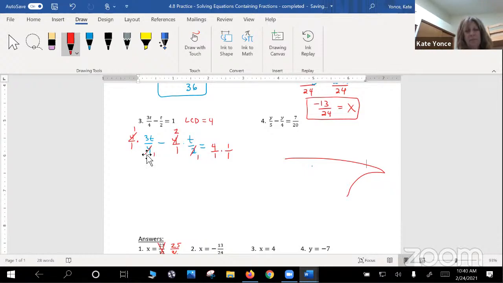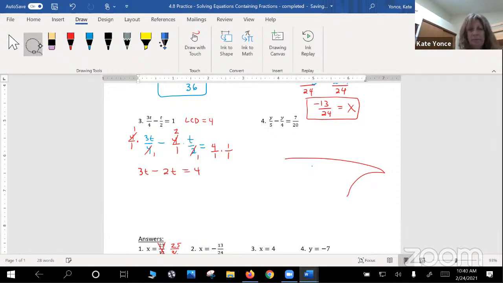So I got 3t minus 2t equals 4. Yep, sounds right. Minus 4? Oh, equals 4. Okay.